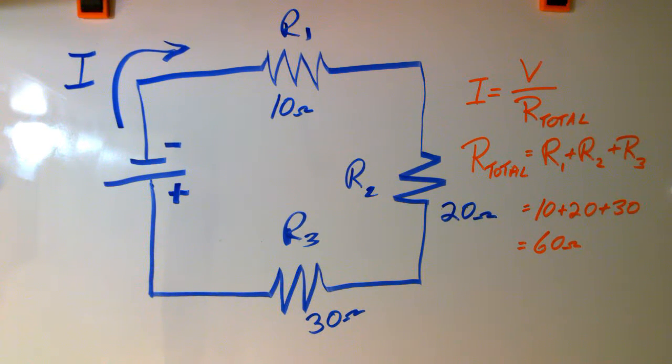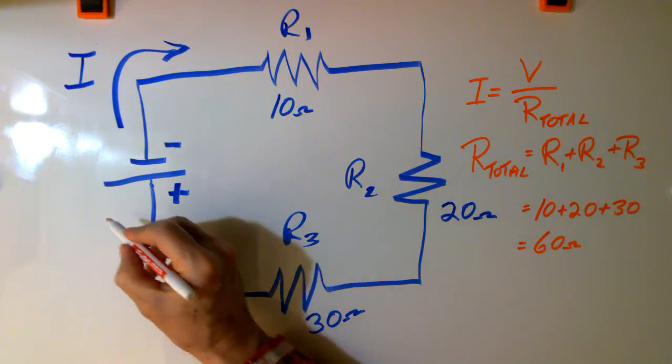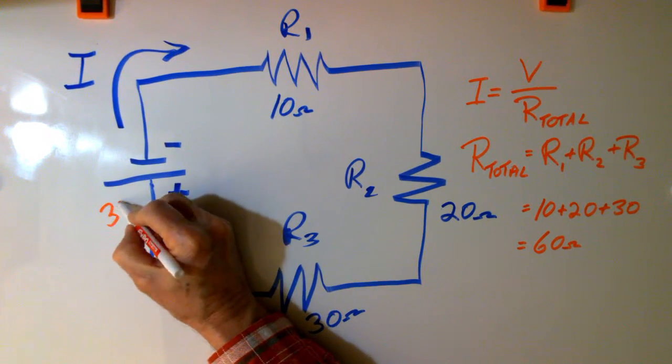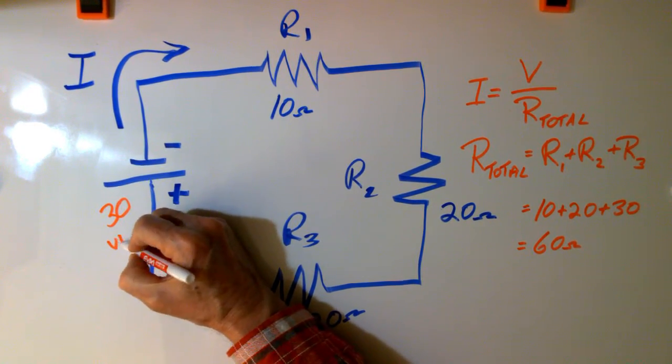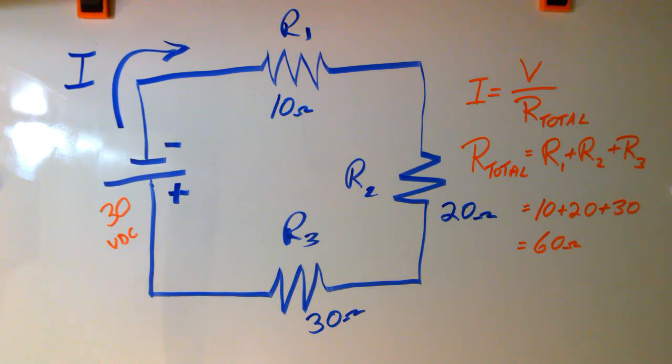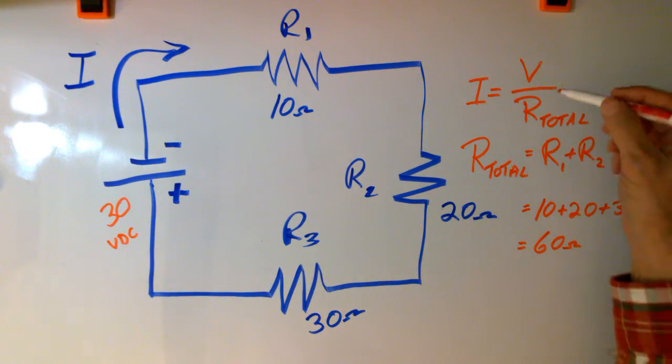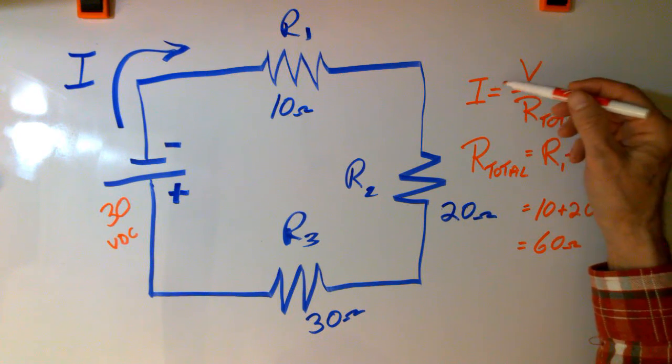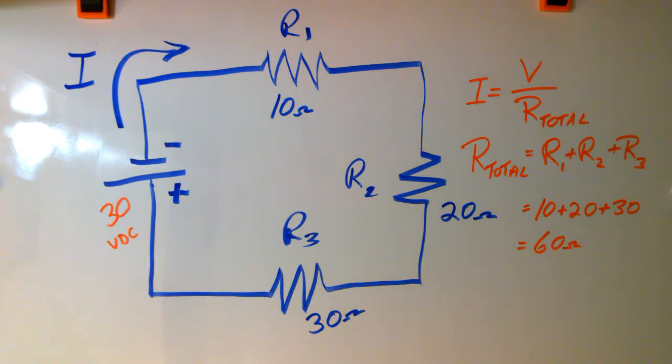Let's give our power supply, or our battery, a voltage, and let's make it 30 volts, and it has to be DC because it's a battery. 30 volts DC. So if I come back to Ohm's law, the current is equal to the voltage of the battery divided by the total resistance in the circuit.